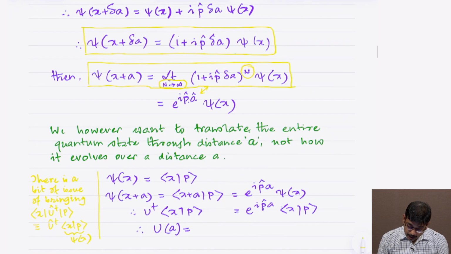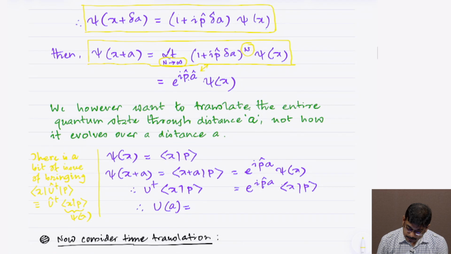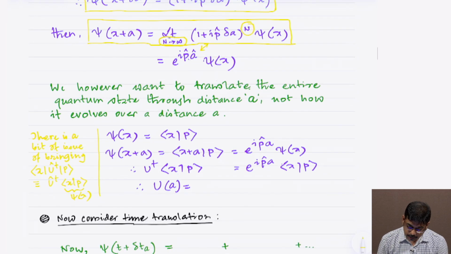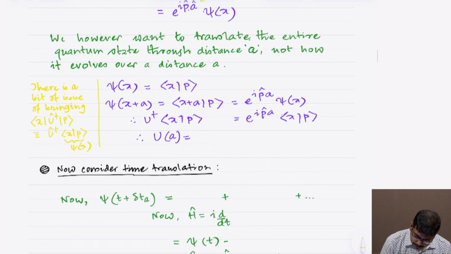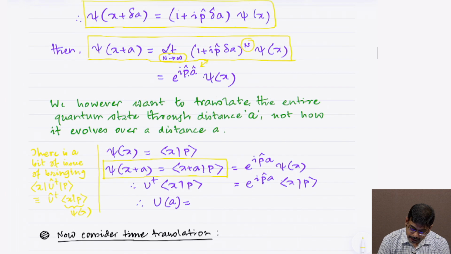However, we want to translate the entire quantum state through a distance a, not how it evolves over a distance a. So, let us go back to this definition once again, psi(x) equal to <x|p>. So, what will be psi(x + a)? Psi(x + a) will be simply <x + a|p>. We have already found that psi(x + a) is something like e to the power i p·a psi(x), borrowing from the expression above.